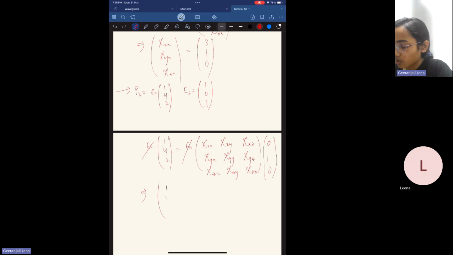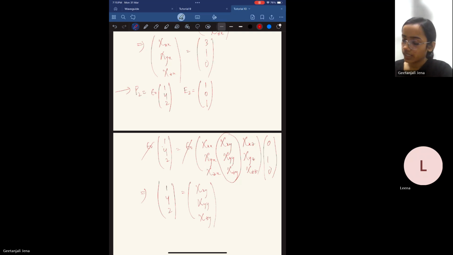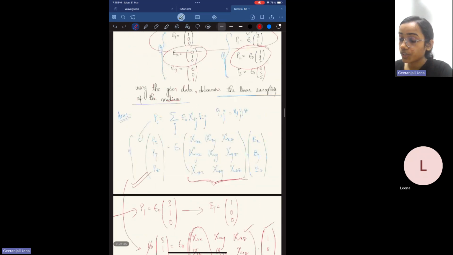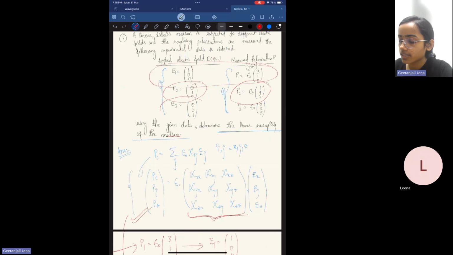So this will now pick out the second column vector, which is chi xy, chi yy, chi zy. Now if the third vector is like this, (0, 0, 1), this will pick out the third column vector.